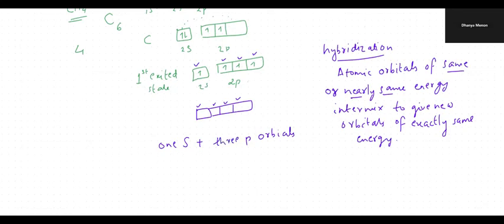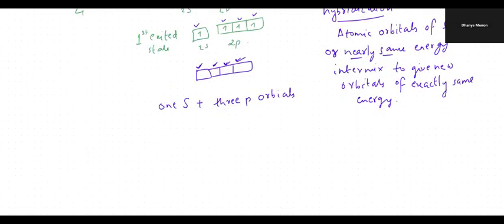So 3 plus 1, 4: 1, 2, 3, 4. So there is 1 s orbital and 3 p orbitals, resulting in the formation of sp3 hybridization.